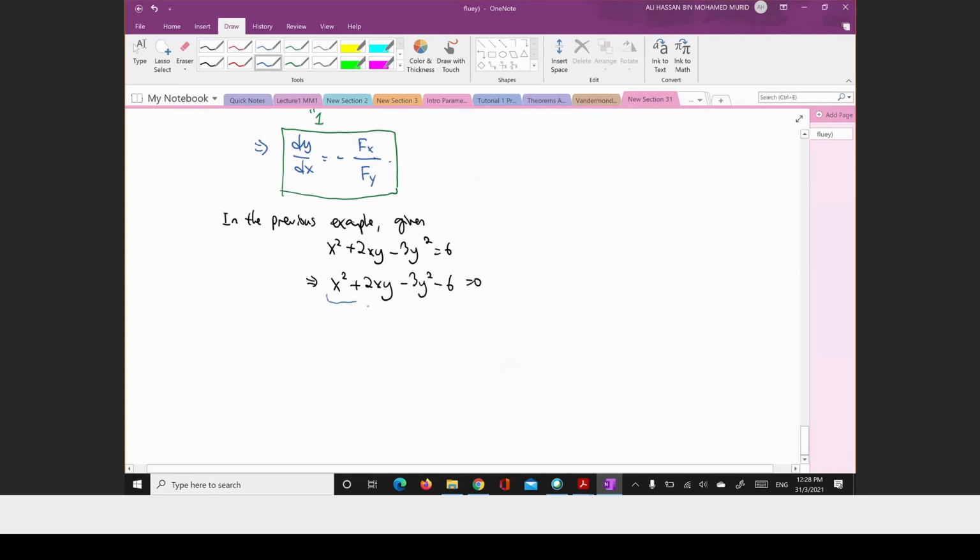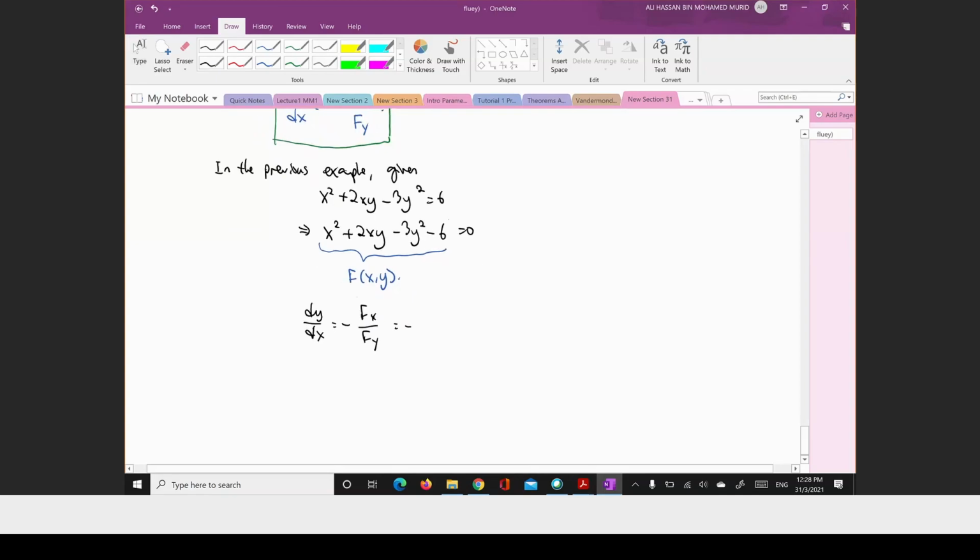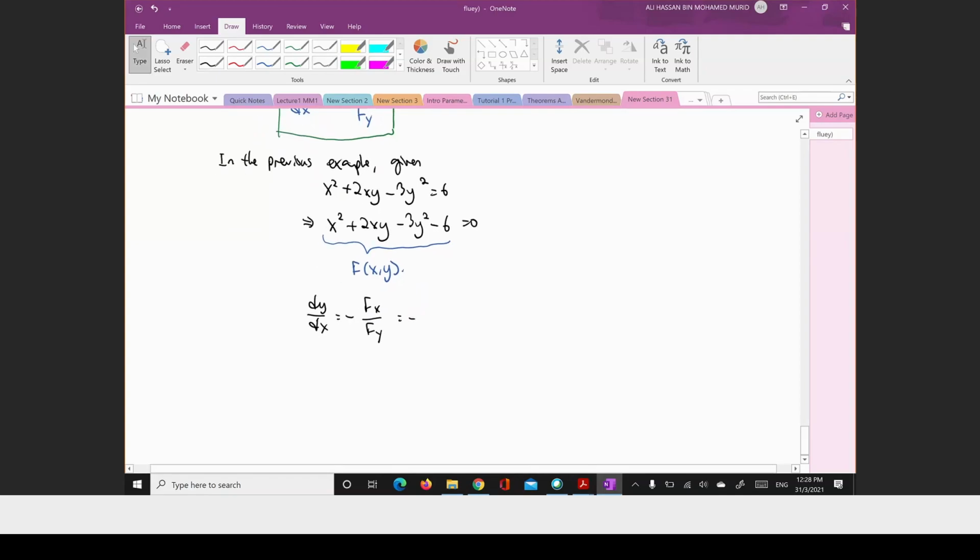Now let's call the expression on the left a function of two variables, x and y. Using the formula, dy dx is minus f partial x over f partial y. What is f partial x? Anybody? What is f(x, y) here? It's x squared plus 2xy minus 3y squared minus 6.